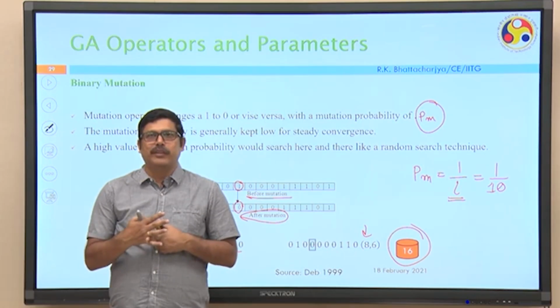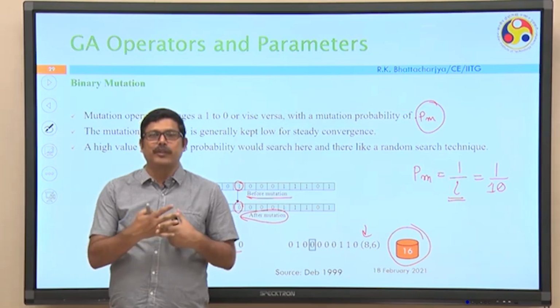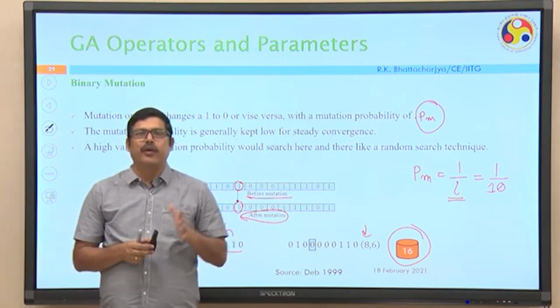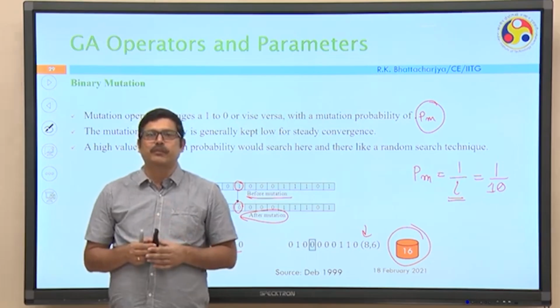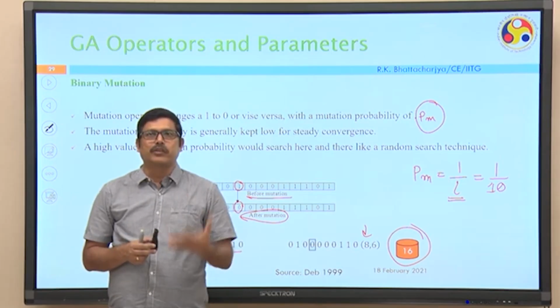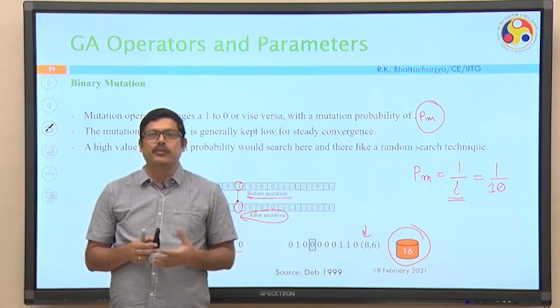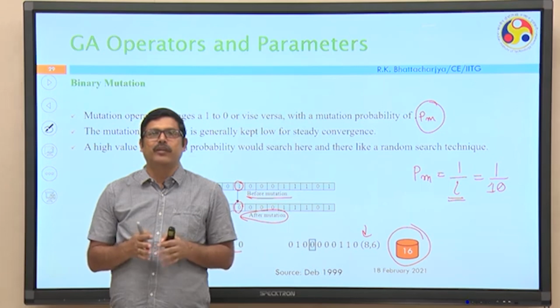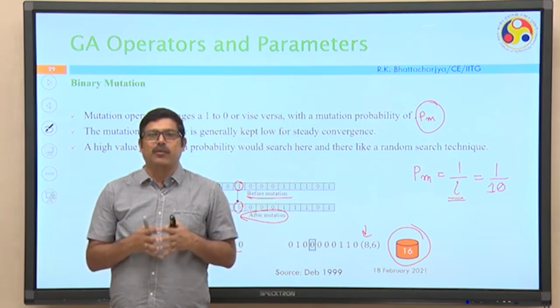The selection operator is creating multiple copies of the better individual, and we are eliminating the inferior solution while keeping the population size constant. So, we are not creating new solution using the selection operator. The crossover operator is creating new solution, but what we are basically doing is local search. That means the crossover operator will create new solution near the parents.